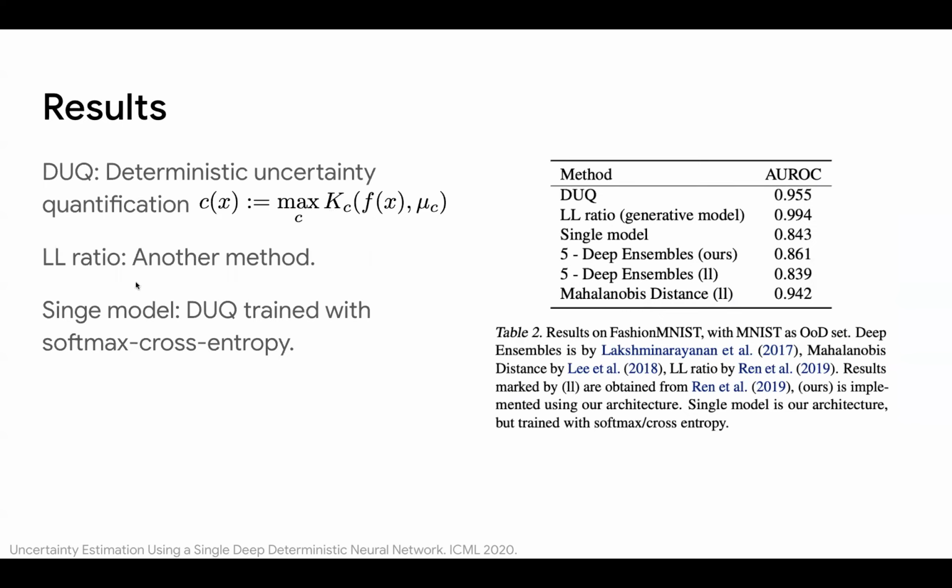Log likelihood ratio is another method that I'm not going to talk about in this lecture. Single model means you're using this C of X, which is the max RBF value, but you're training the whole network with softmax cross entropy. There are also some ensemble methods, and Mahalanobis distance they compare against. Their point is that their method, after training with the objective that I talked about, gives good results.